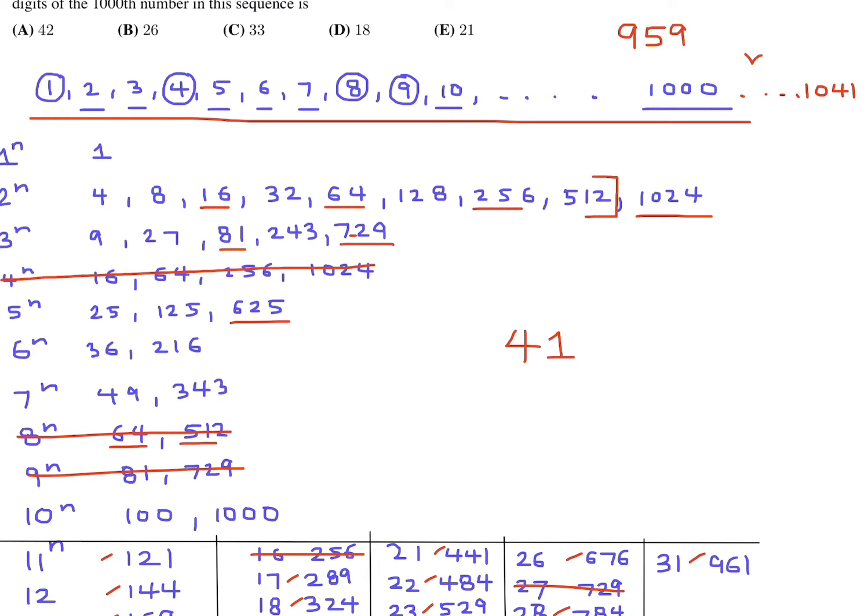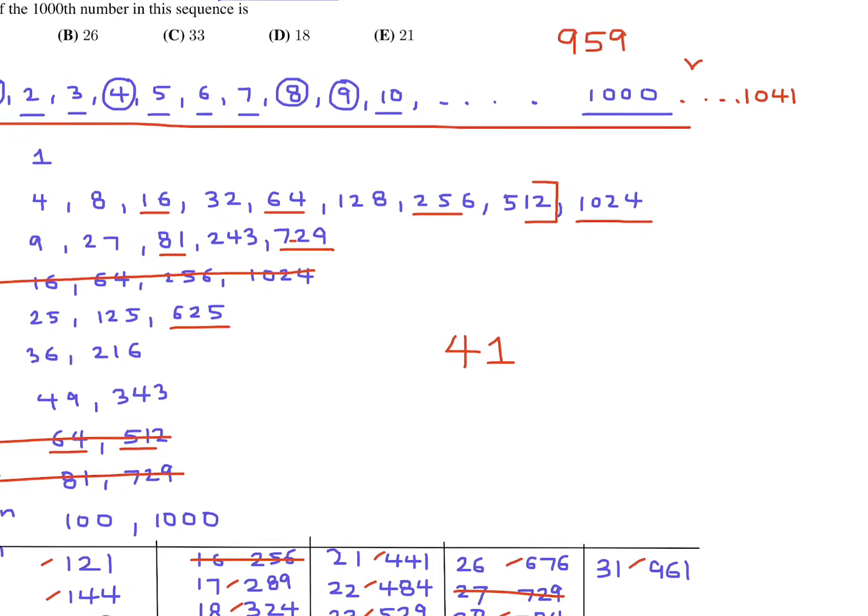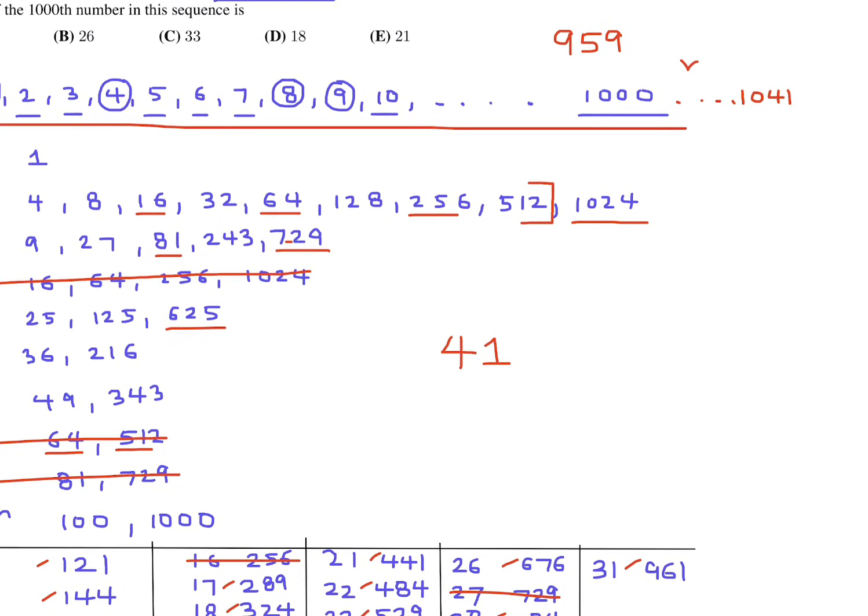Why? Because it's a perfect power. It's in our list. So that means when you take that out, you got to go up by another number. So you got to go to the 1,042nd number. Correct? And that will be the 1,000th number in the sequence. All right?